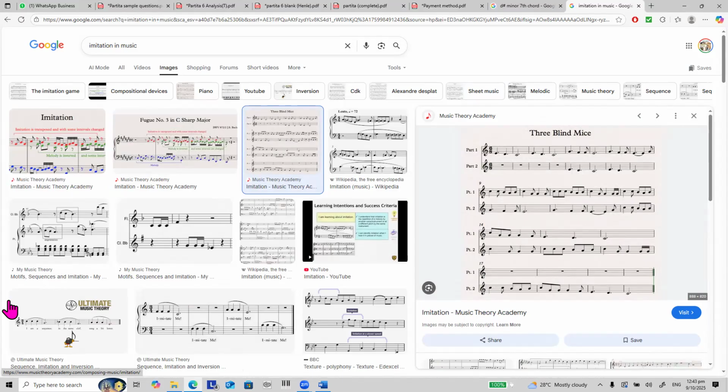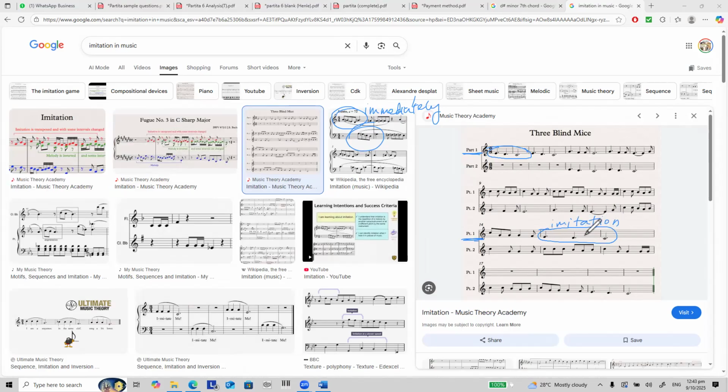For example, like this one. This is the opening melody, and this melody is being imitated here. So just now the one between right and left hand happened immediately. If it happens immediately, it must be in a different voice. But if it's the same voice, that is part one, and this one is also part one. If the same melody occurs much later on, but in the same part, it is also called imitation.